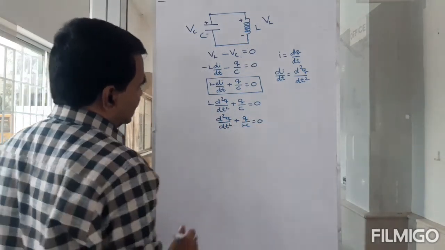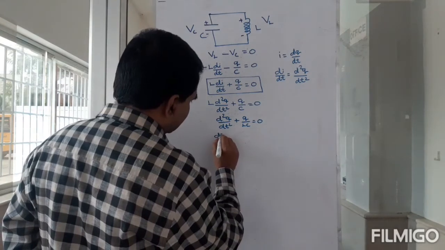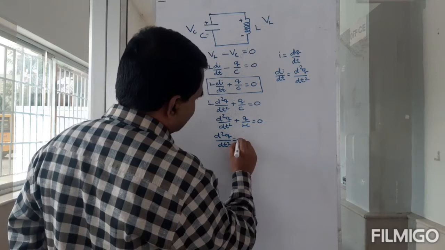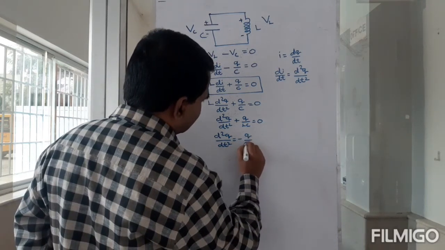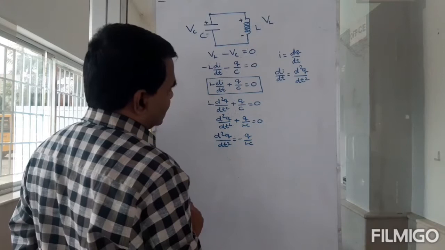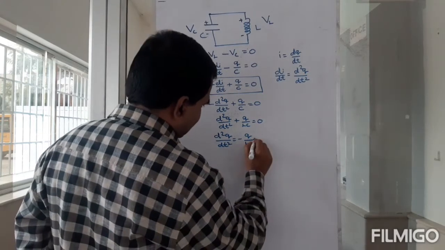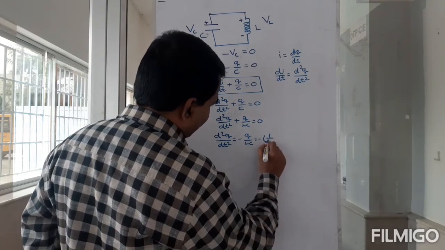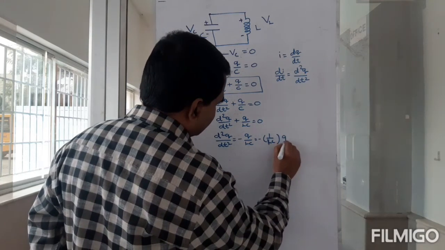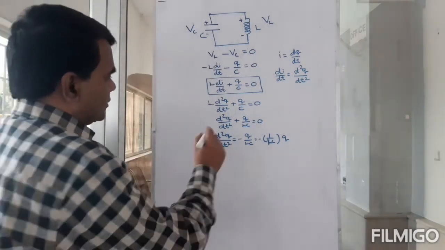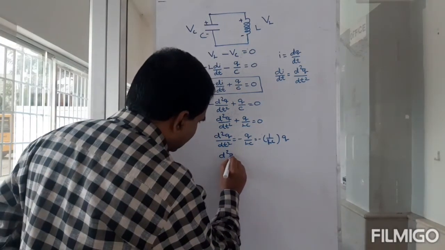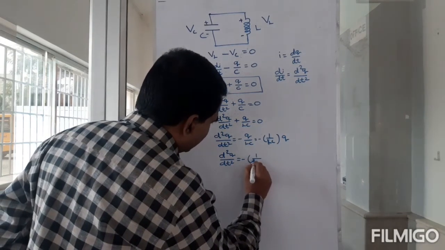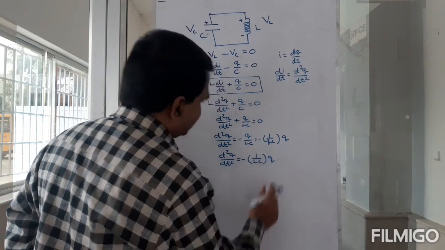And if I take it to the other side, then I get d squared q by dt squared is equal to minus q by LC, or I can say this is equal to minus 1 by LC into q. Note this: d squared q by dt squared is equal to minus 1 by LC times q.